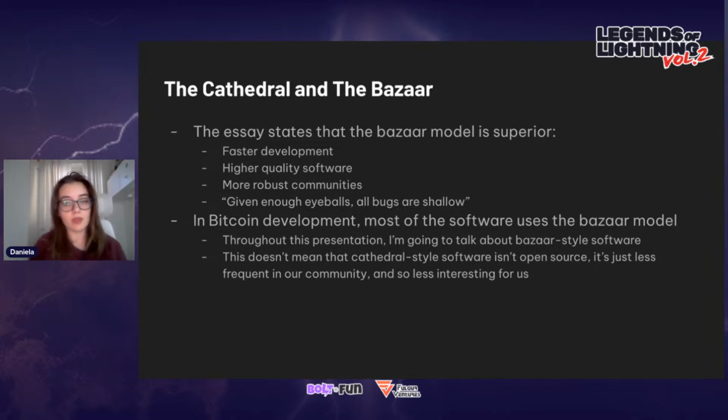And this doesn't mean that the cathedral style software isn't open source, because if you recall our definition of open source, it just means that the code is out there to be seen. In some cases also modified, in some cases you can see it only if you buy the software. Cathedral doesn't mean closed source, but it's a different way of doing open source, and we usually don't do that in Bitcoin.